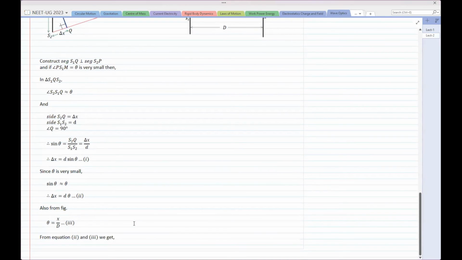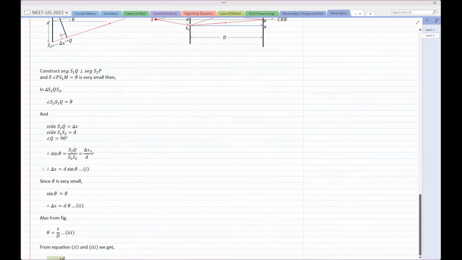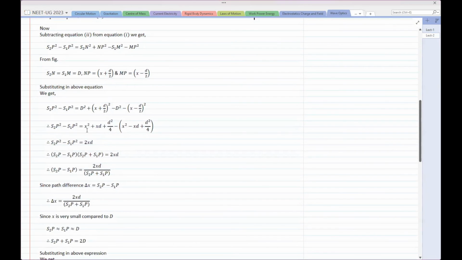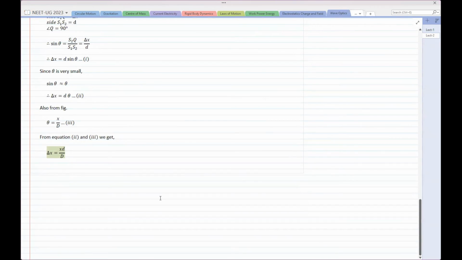From equation 2 and 3, we get delta X is equal to X D by D. This is alternate method. Here I am using trigonometry instead of using this kind of Pythagoras theorem. This lengthy method is there in your textbook. This method is not there, but you can always use this for calculation purpose. Now, after knowing this much, we know what is the path difference.